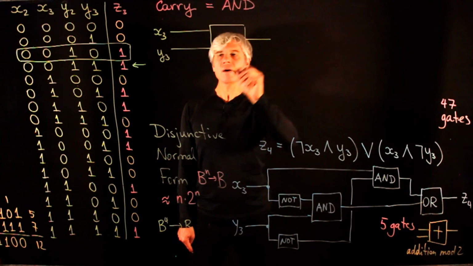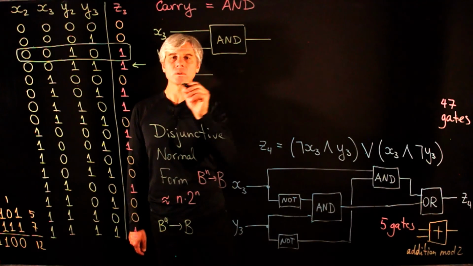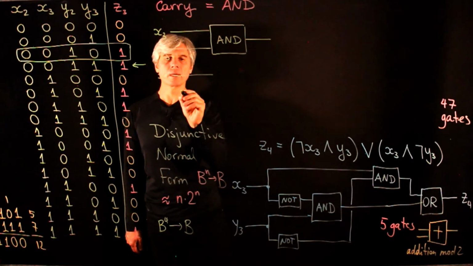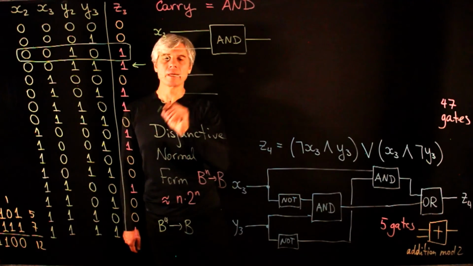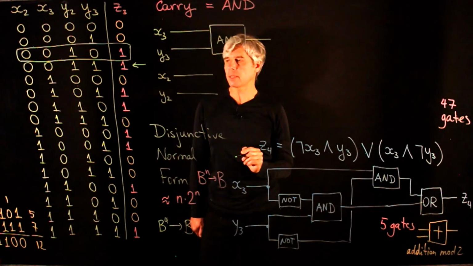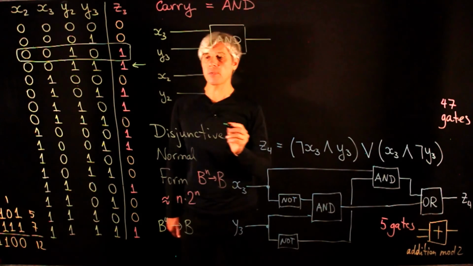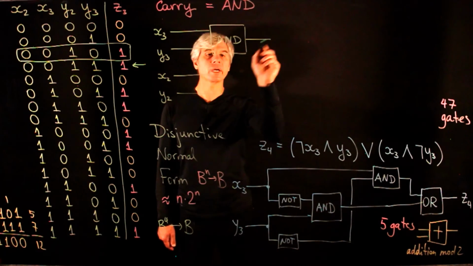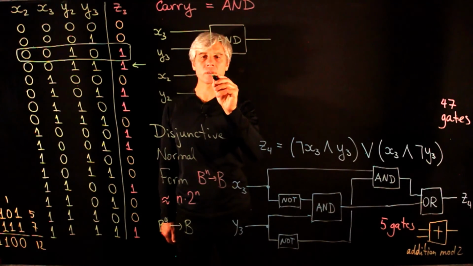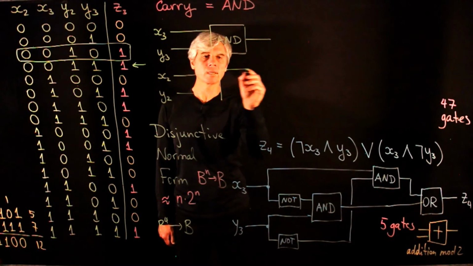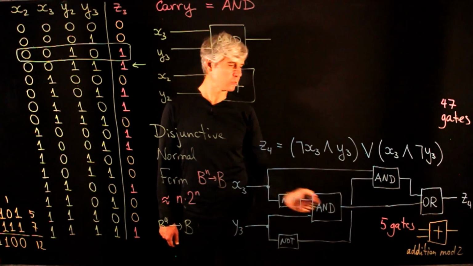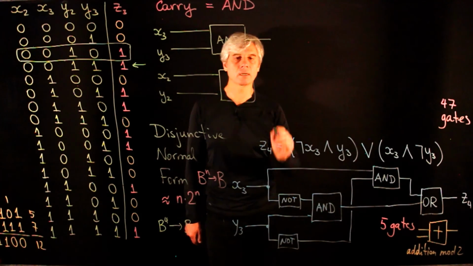And now we have also x2 and y2. What we need now is to do addition mod 2 of three things: x2, y2, and the carry. So we put a plus gate, which is given here.